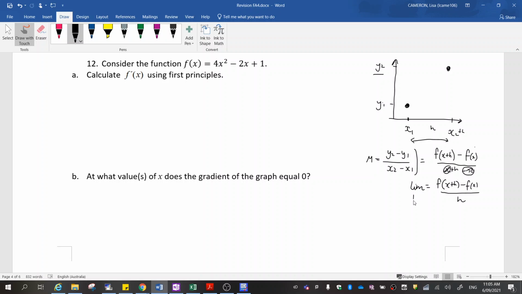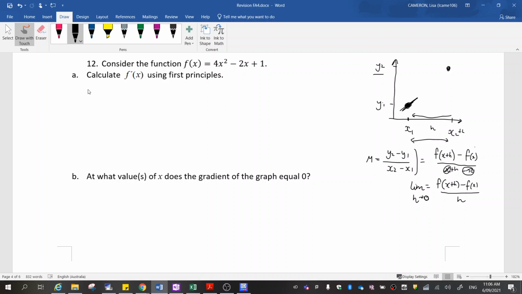So we want to test the limit for this function as h is approaching 0, because what that really means is that this coordinate is coming in, so pretty much it's just at this one point, and we're testing what the gradient is here at this one point, as opposed to having an average rate of change over 2 points. So this is the formula that we use to calculate using first principles.